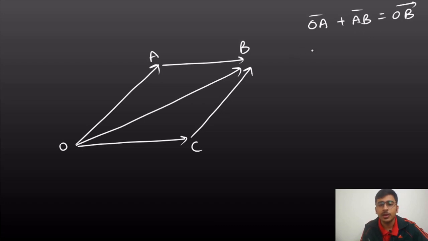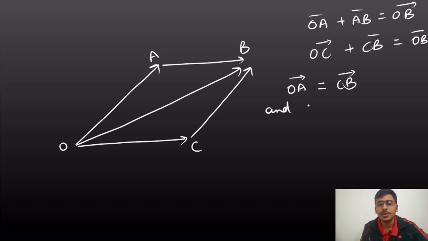and OC plus CB is also equal to OB vector. But the interesting thing to note here is OA vector is equal to CB vector, and OC vector is equal to AB vector.